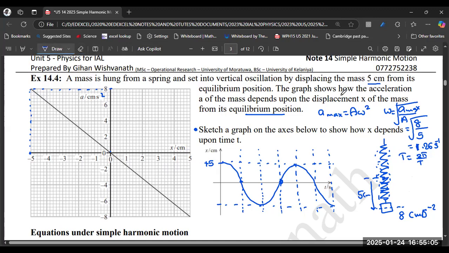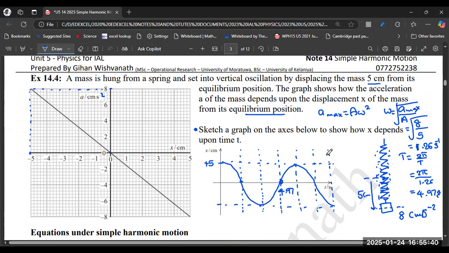Then the next one. So 2 pi divided by 1.26 would give us 4.97. After finding that, please put the units. So here it would be what? 4.97 we will mark. Then that is done.